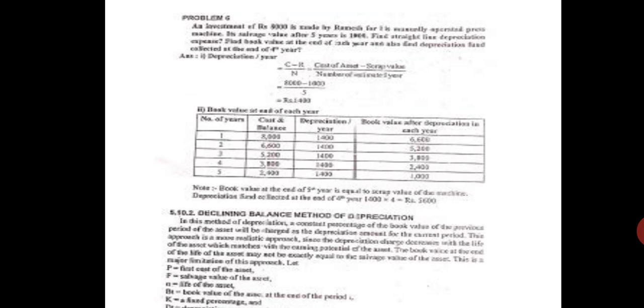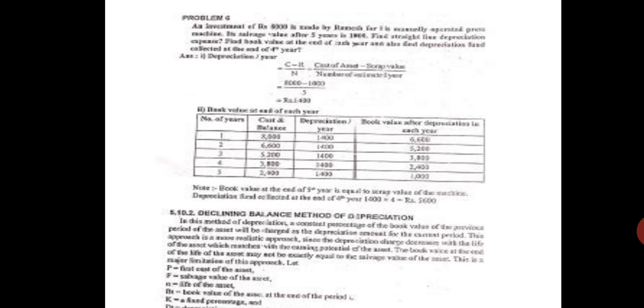Here the depreciation will vary, and the depreciation amount of the current period will depend on the previous book value. This approach is more realistic since the depreciation charges decrease with the life of the asset, which matches with the earning potential of the asset. Again, the book value at the end of the life of the asset may not be exactly equal to the salvage value of the asset.